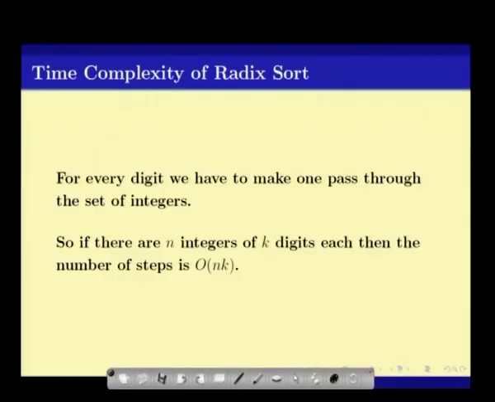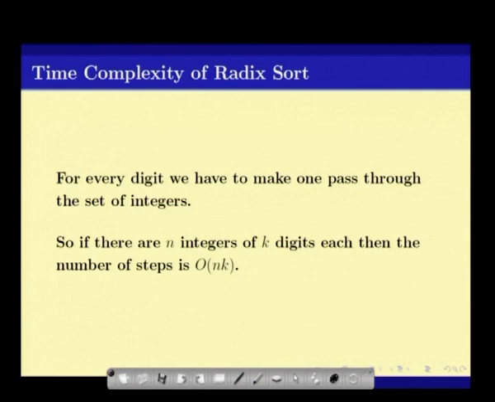In terms of the time complexity, note that here for every digit we need to make a pass. So when we are looking at the first digit, we need to make a pass over the whole set and accordingly place each element in the bucket. Once we are done with the first digit, we go down to the second digit, and then we have to go bucket by bucket, which means that we have to check every integer once.